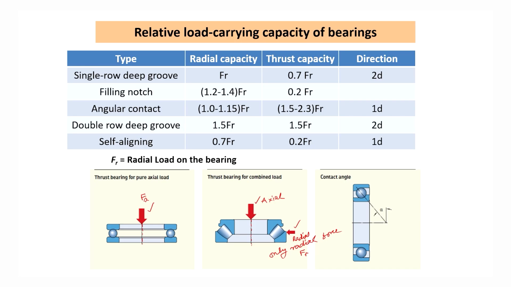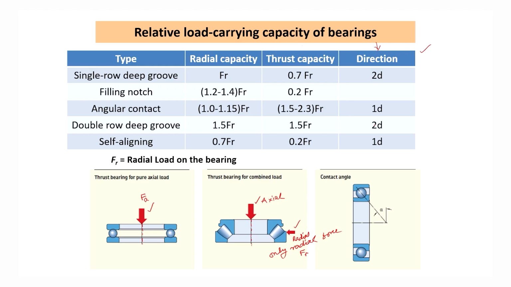Now, depending on what amount of axial load and radial load is there, we have to select different types of bearings. This table illustrates that. In the first column are the different types of rolling element bearings, in the second column the radial load carrying capacity is given, and in the third column is the thrust load capacity and the direction in which the load can be applied.